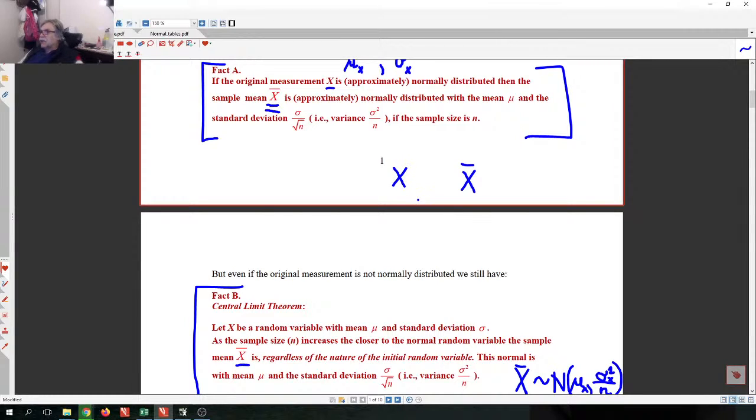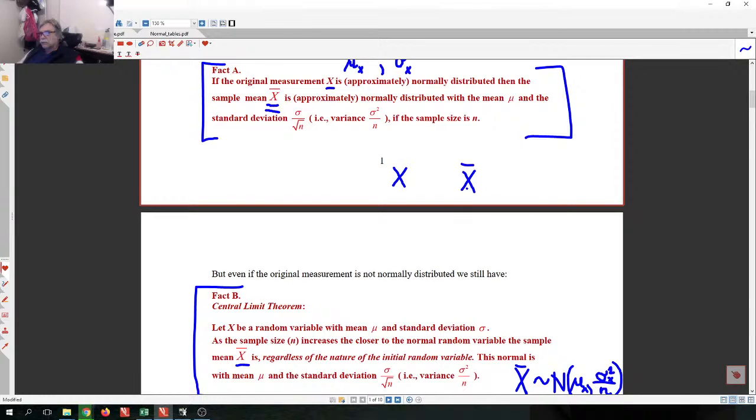Fact B says, you don't need to know what this is, but you need to have a mean and a standard deviation here. Once you have that and you have a large sample, then this guy again is going to be approximately normal. And it's going to have the same mean as this guy, only the variance of this guy is going to be n times smaller, the sample size times smaller.